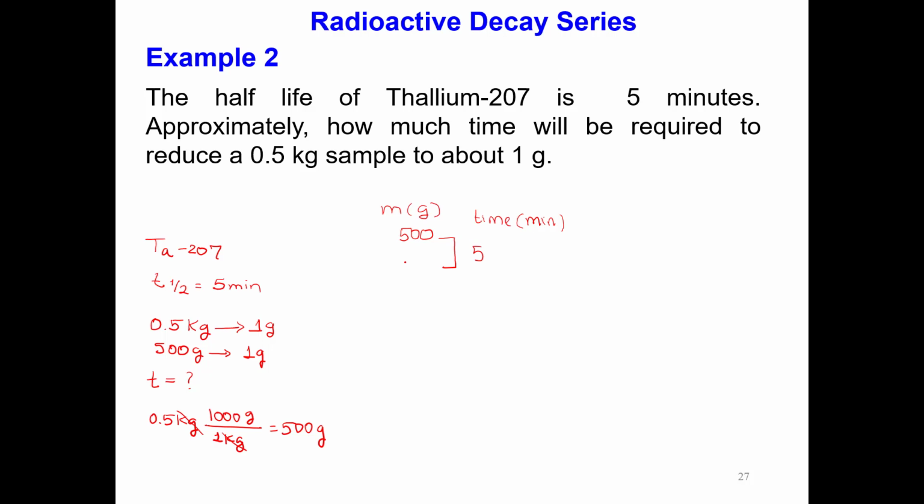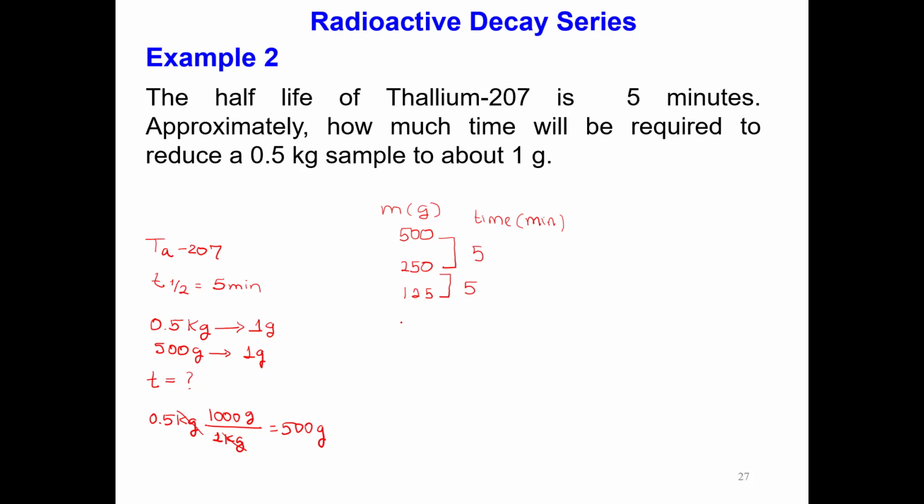This sample will be reduced in half. After 5 minutes, this sample will be reduced in half. And we will continue applying the concept of half-life until we reach about 1 gram.